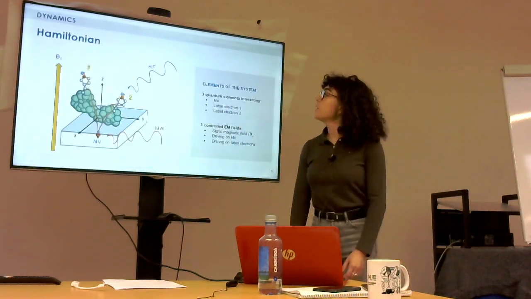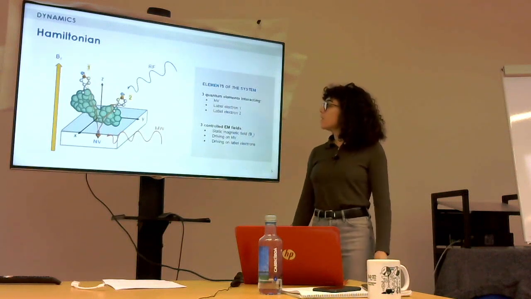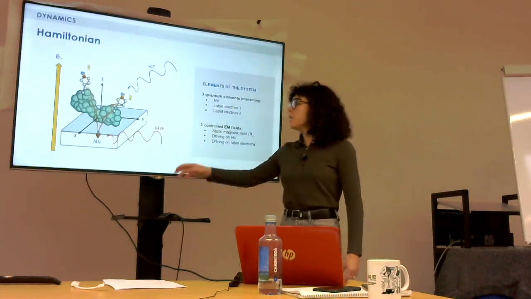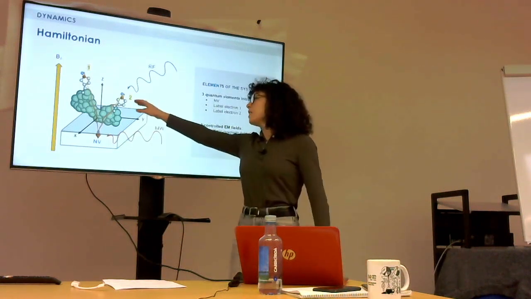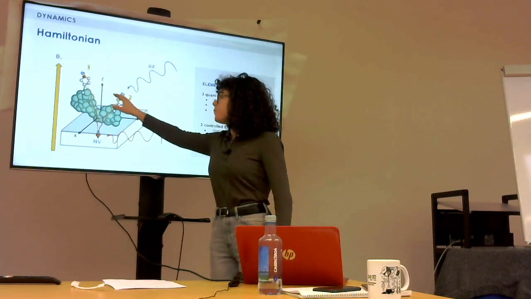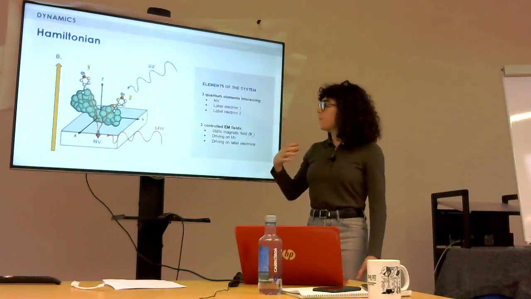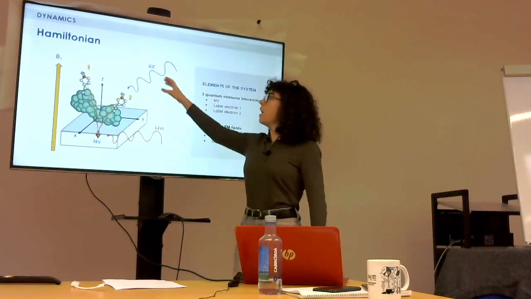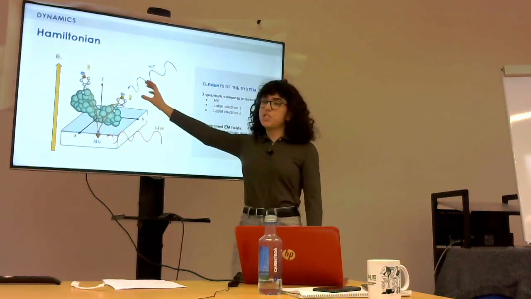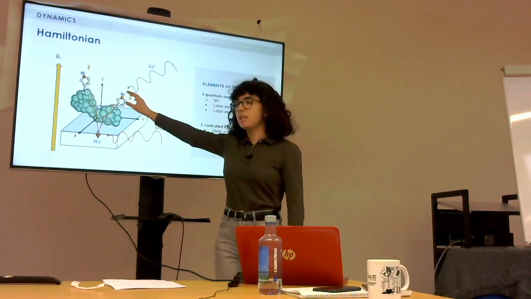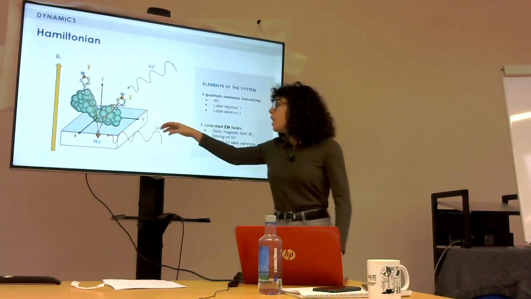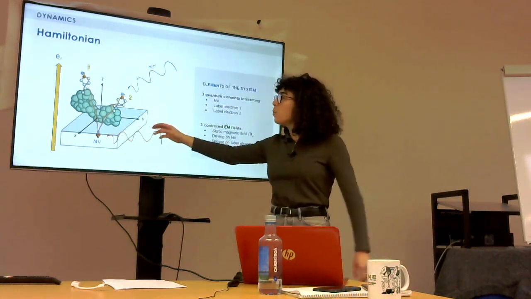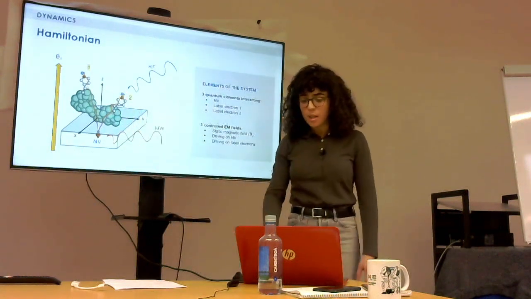Well, now, yes, I'm going to introduce the Hamiltonian. For that, I will present the different elements of our system. As I said, we have the NV and the different label electrons. And in order to control the system, we have a radio frequency driving, which is able to control the spin states of the electron labels. And then we have a microwave radiation to control the NV. And besides, we have an external magnetic field.